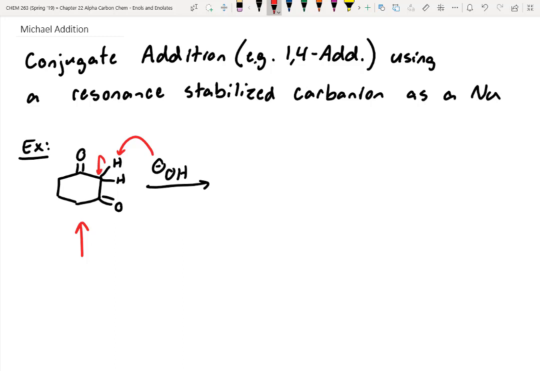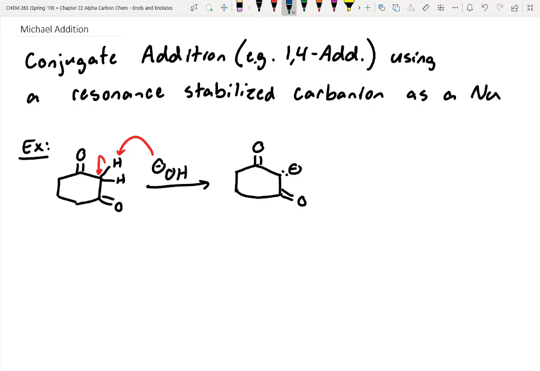So we know that these interior alpha protons are going to be a lot more acidic than the alpha protons, like right there, because we know that it'll be doubly resonance stabilized, right? So with hydroxide around, you'll form this highly resonance stabilized enolate. That's what I mean by a stabilized carbanion.